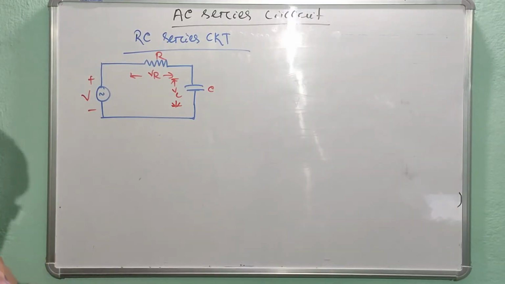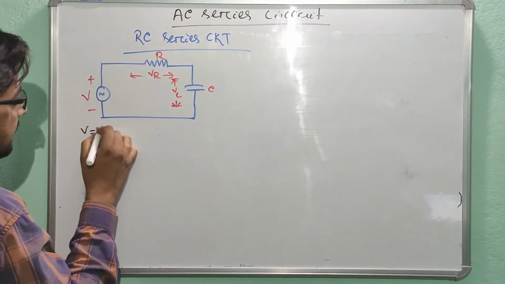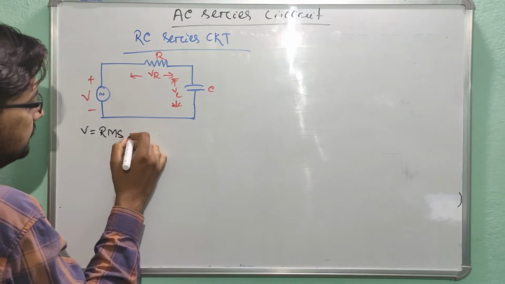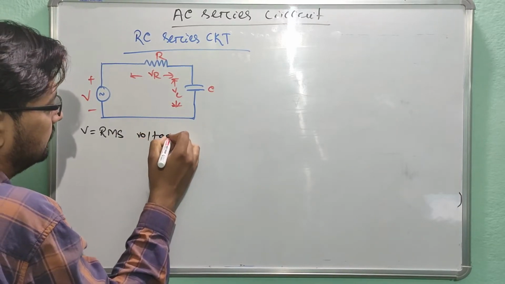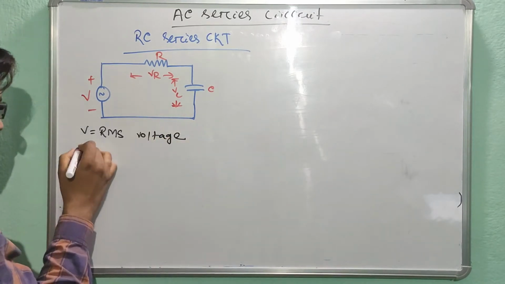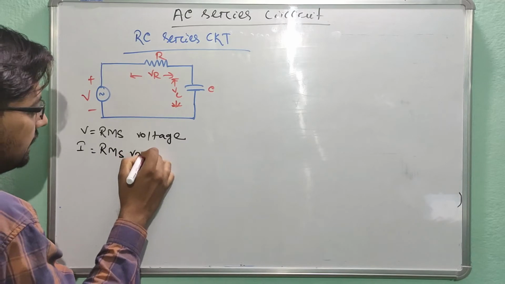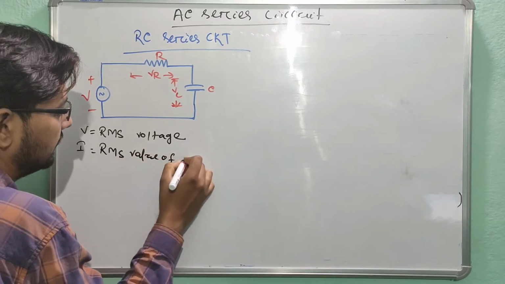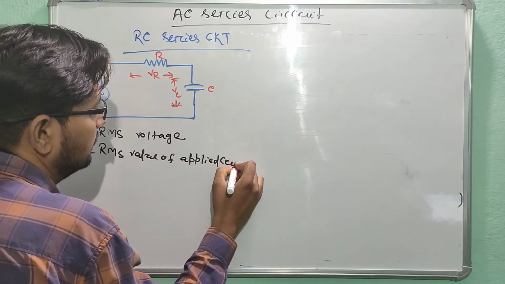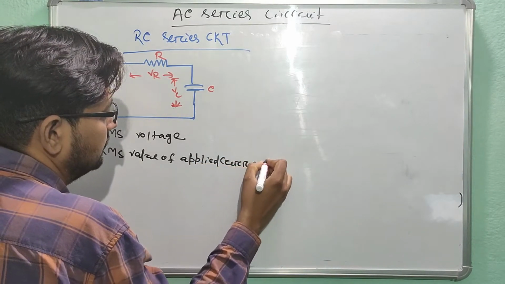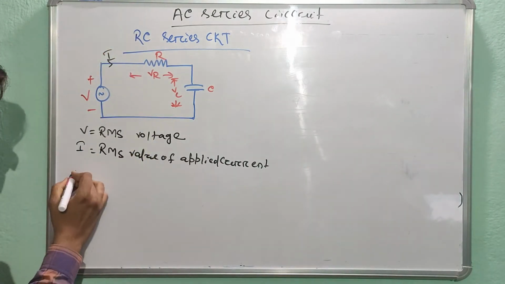Now you know what V is. V is the RMS applied voltage. What is I? The RMS value of the applied current. This is my I. Now what is my VR?